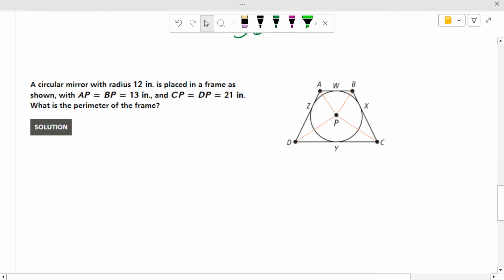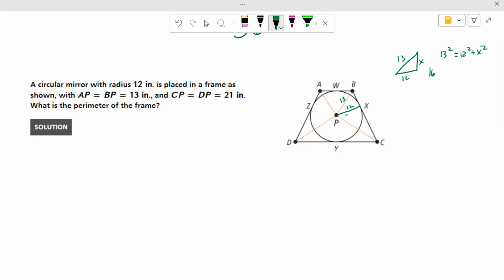Very good. Okay, let's find the perimeter of this object. A little bit more difficult now. A circular mirror with a radius of 12. Nope, this is not 12. This distance from here to here is 12. This is 13. So we've got to figure out how long BX is. If this is 12 and this is 13 and this is X, 13 squared equals 12 squared plus X squared, or 169 equals 144 plus X squared.